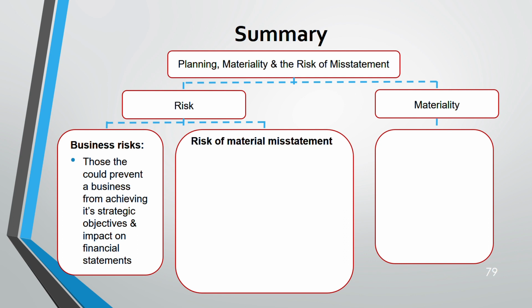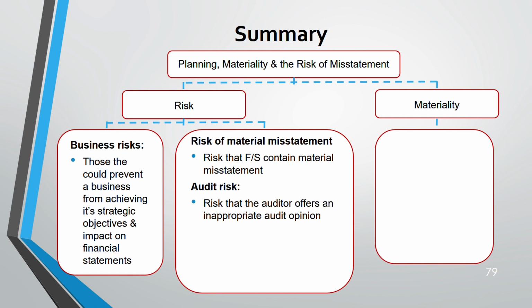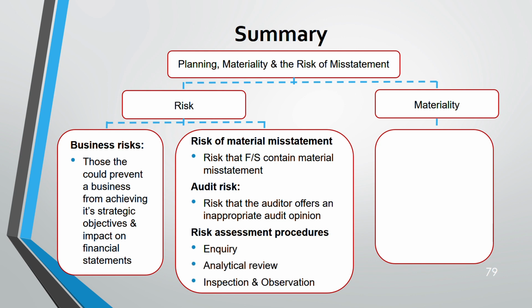Next, risk of material misstatement means a risk that the financial statement could contain material misstatement. Audit risk is the risk that auditors will give an inappropriate audit opinion. Risk assessment procedures are four: you inquire, you do analytical review, you do inspection and observation.